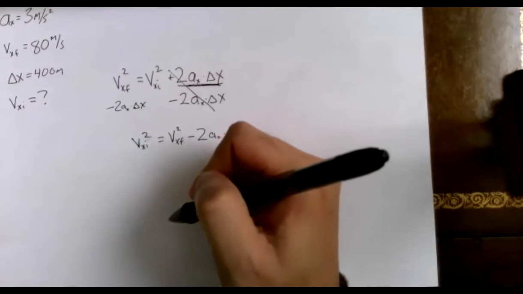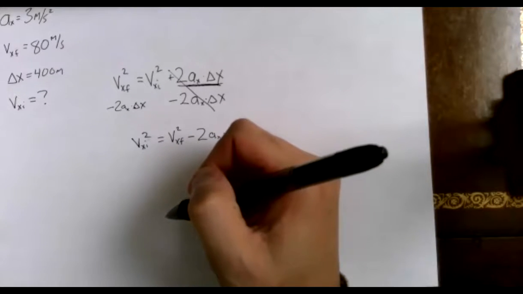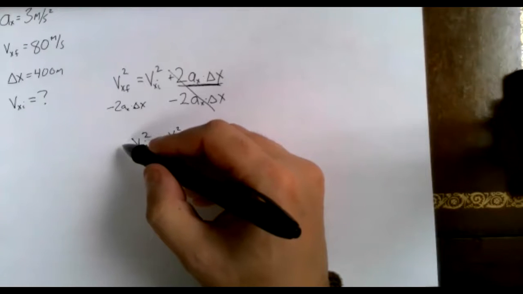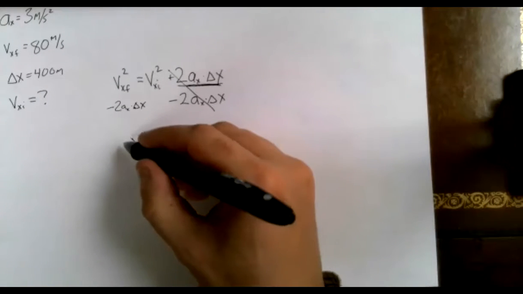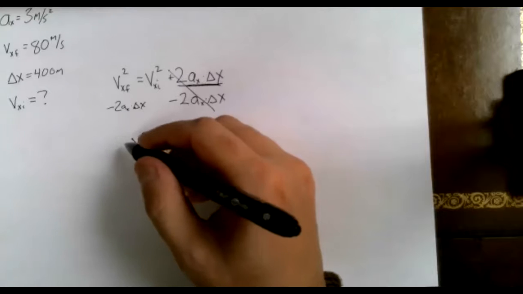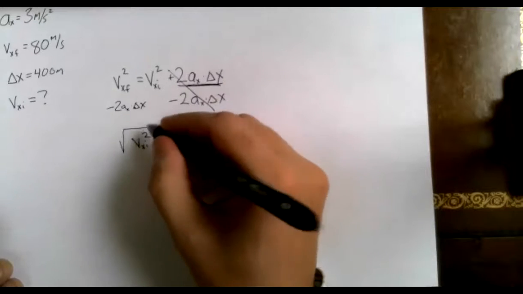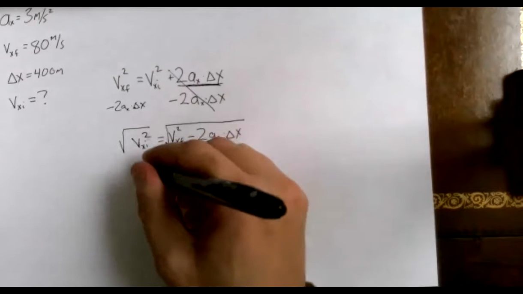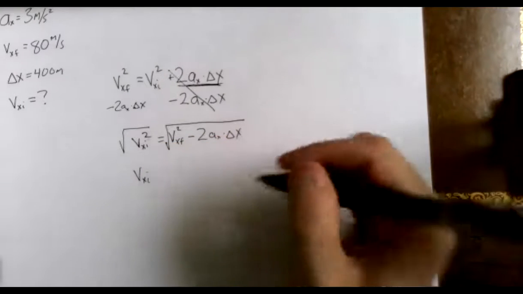You guys know this. What's the opposite of squaring something? How do I undo that? Square root, right? I would take the square root of both sides, because if I take the square root of VXI squared, then I just have VXI, which I'm looking for.